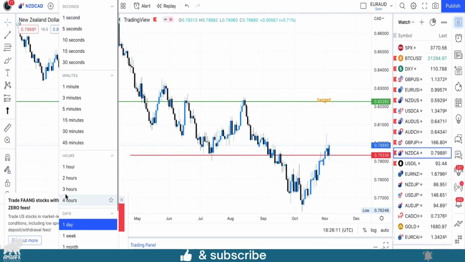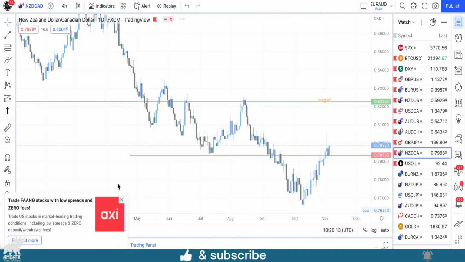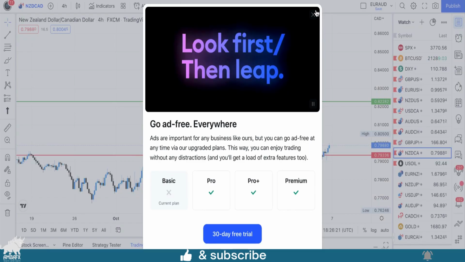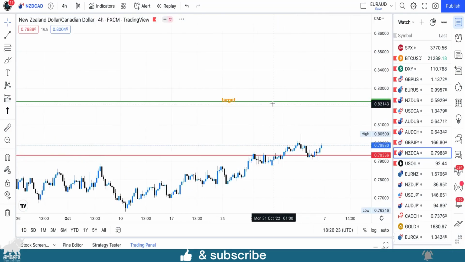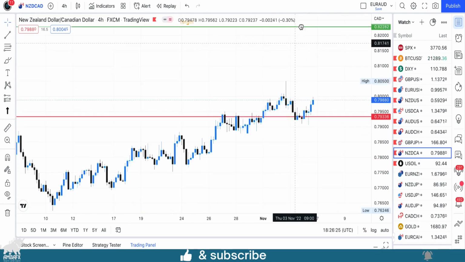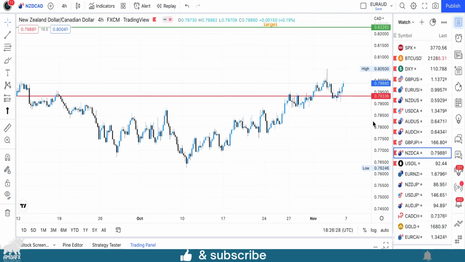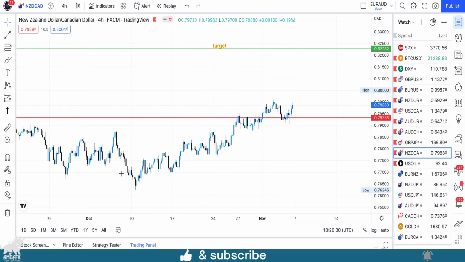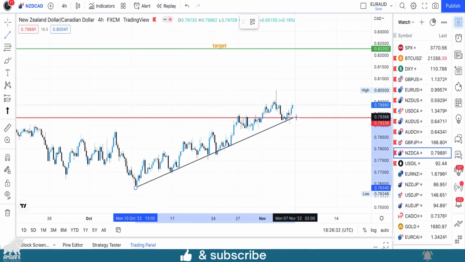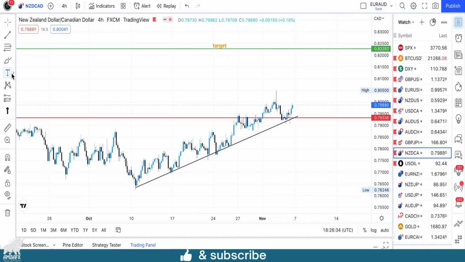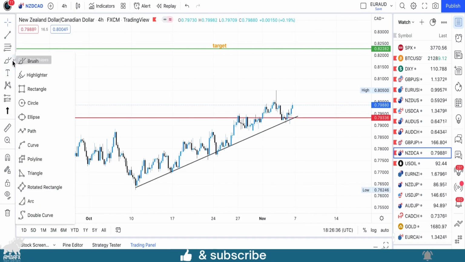So if we move to the 4-hour time frame and use our trend line, we can still see the same thing at that particular level. Here it's showing us that we have a series of higher highs and then higher lows.